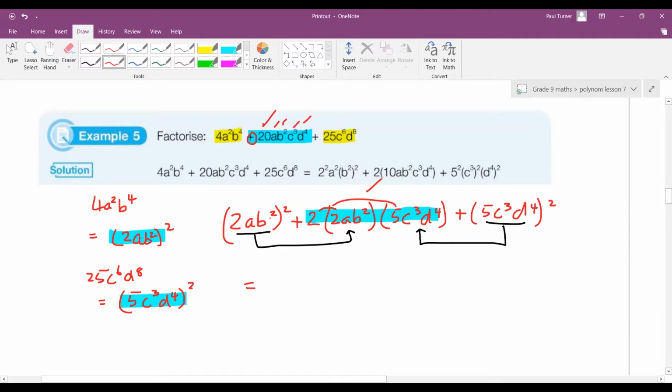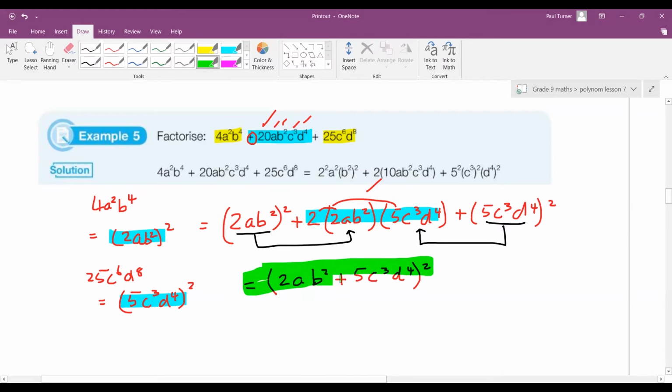So when it's good like that, we can write that as a complete square. So 2ab squared plus 5c3d4 and all squared. So I'm not writing the rule like I wrote yesterday.